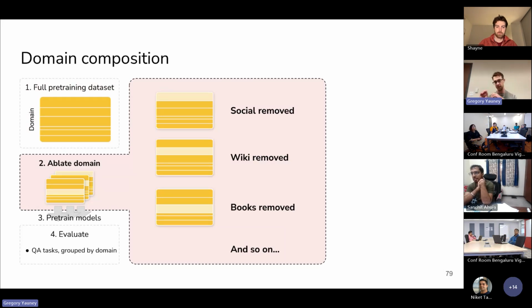And we're going to remove books data and so on for the many different domains that are annotated in the Pile. So the goal of doing this is to see, at a more metadata level, can you efficiently curate your data, and will it help you? Should you train on everything? Should you only train on Wikipedia data?